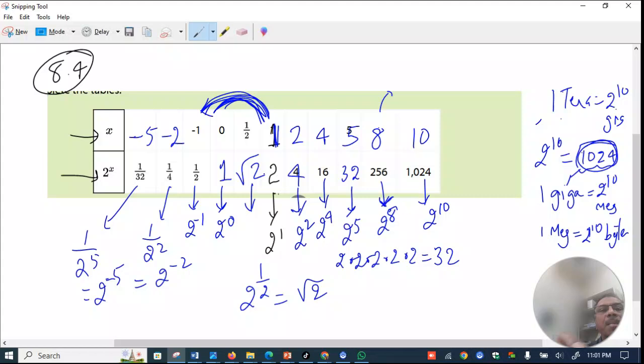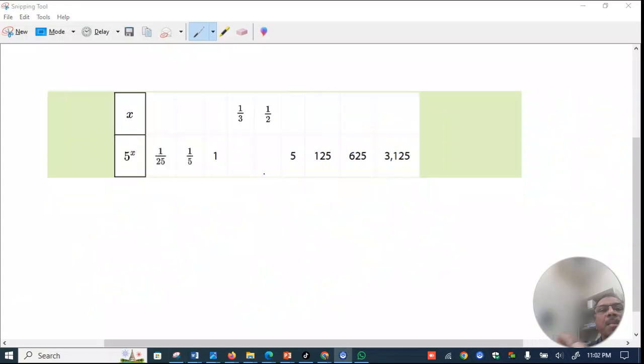Let's see another one. Okay, this one is when the input is x and it is 5 raised to x. So let's see how we find it. So what is this answer? The answer is given to you as 5. So it's like 5 raised to what number gives you 5? And the answer has to be 1.